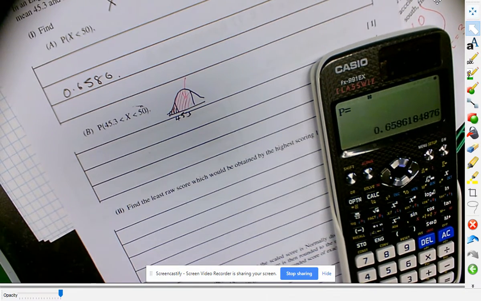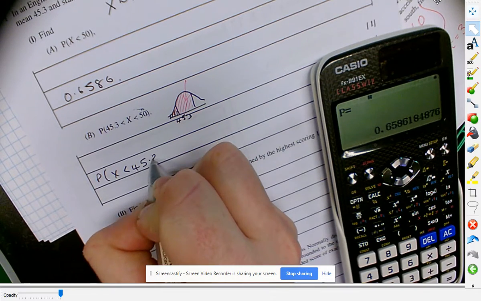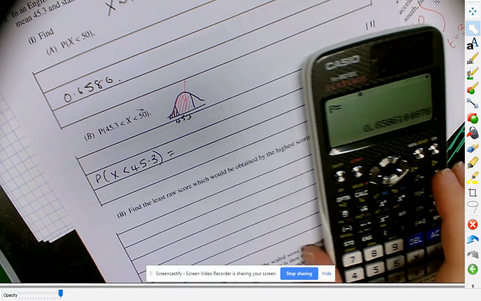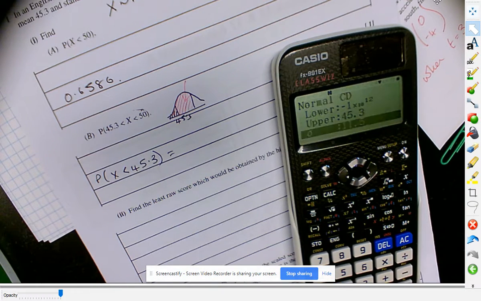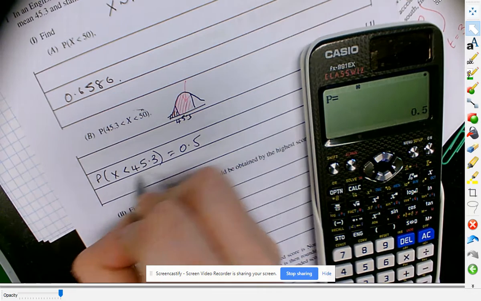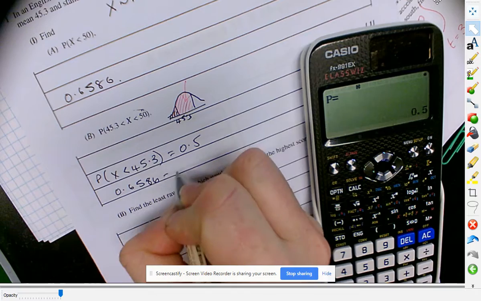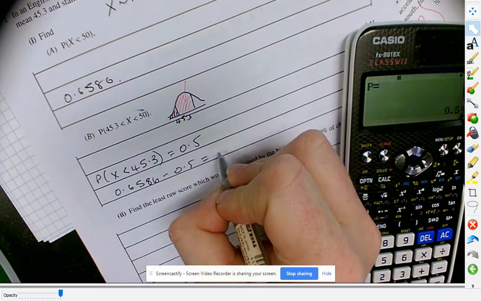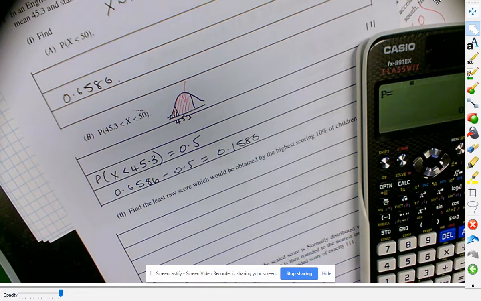So we need to work out the probability that x is less than 45.3. We can go back to this, change my upper limit to 45.3, which is 0.5. And then I can do 0.6586, take away 0.5, gives me 0.1586.